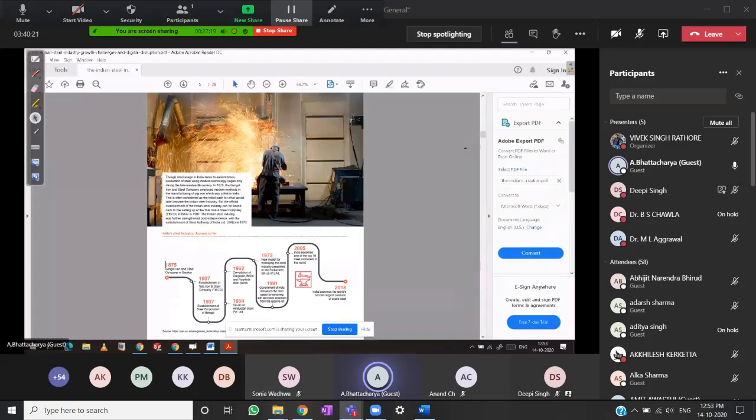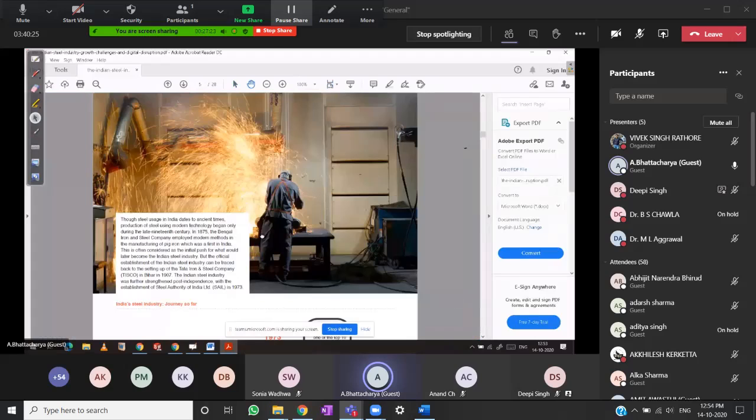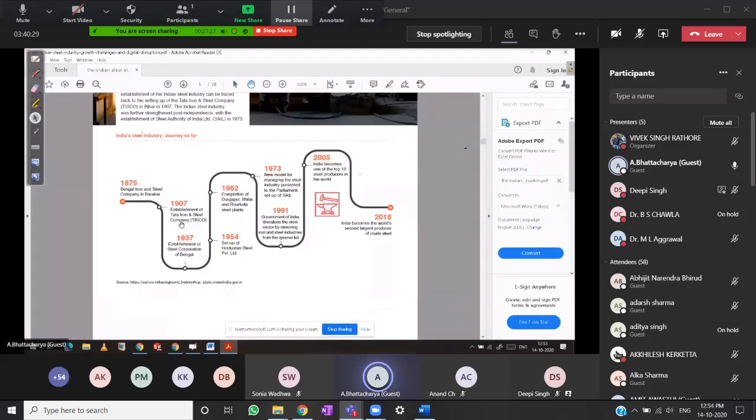It started in 1875, 1937, and TISCO started in 1907. Then here it was ISCO, Indian Iron and Steel Industry. Then to completion of Durgapur, Bhilai and Rourkela. These are all the milestones.